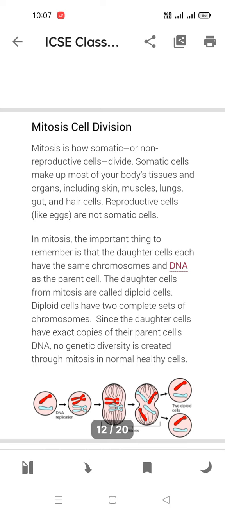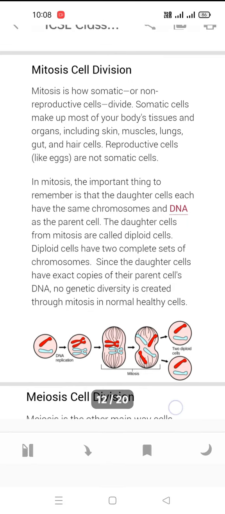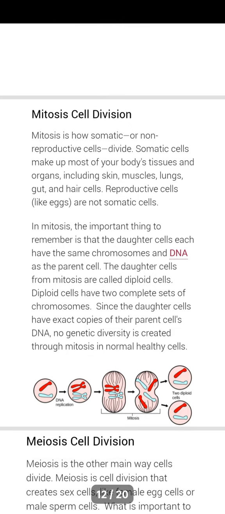The daughter cells from mitosis are called diploid cells. Diploid means 2n. Diploid cells have two complete sets of chromosomes, like this, as you can see, these are the two sets of chromosomes.